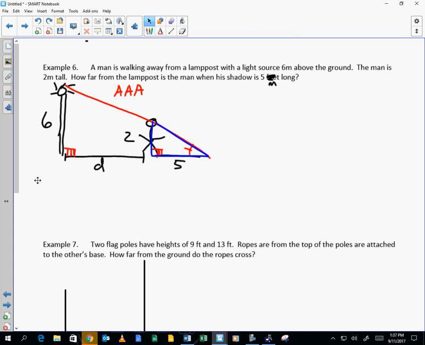Then you won't be able to get it. If 2 triangles are similar, then their sides are proportional.